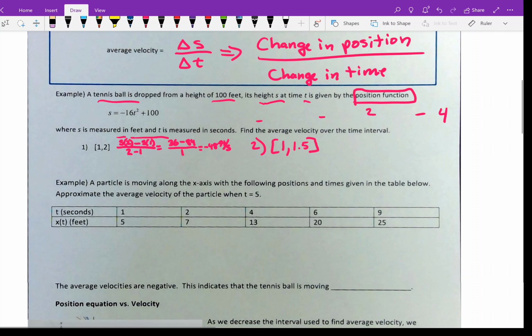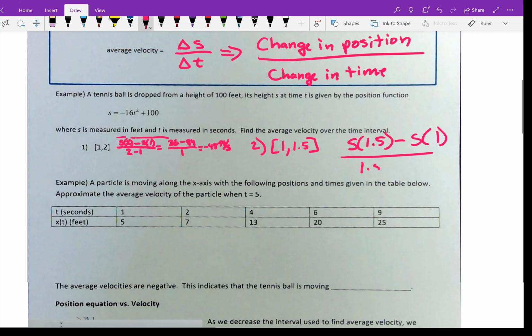So let's erase this. I need some space. So in this case, it's going to be s of 1.5 minus s of 1, and then again it's going to be not 2, but 1.5 minus 1. So again, this is my average velocity.